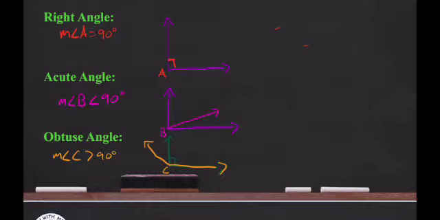Just really quick to clear up something that I'm sure someone will make a comment about. Notice I'm only using one letter with these. Before I said that we always had to use 3. This is an exception. There's no question about what angle I'm talking about whenever I'm talking about angle C, whenever I'm talking about angle A. And what I'm going to do with this, I'm going to make this a dashed line so we know that this is just our point of reference.